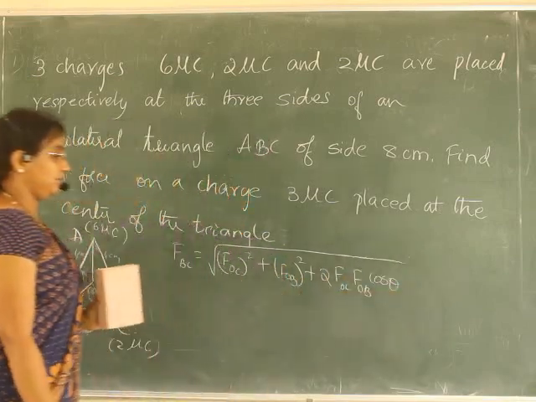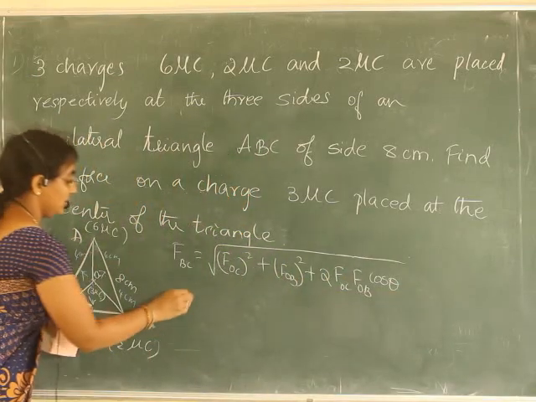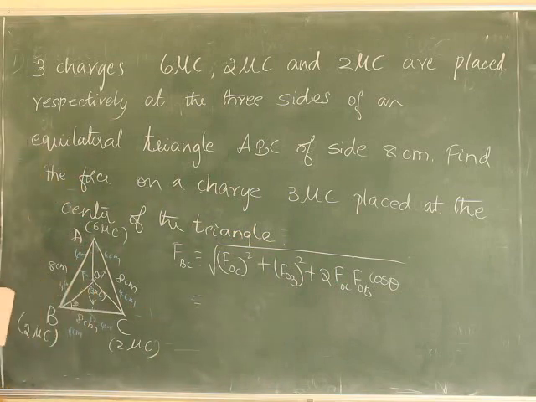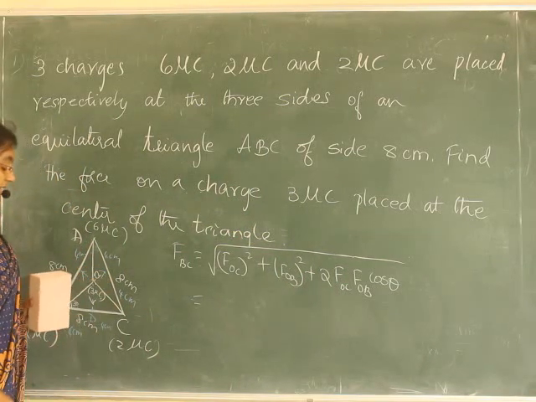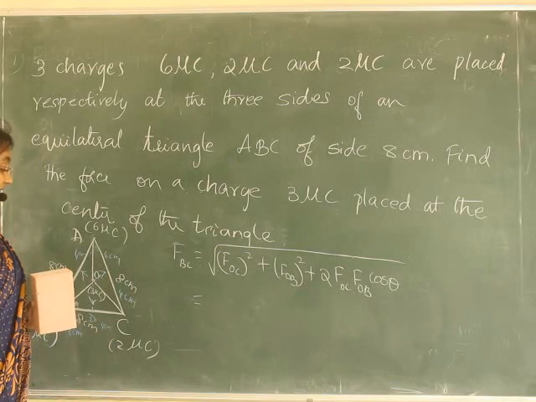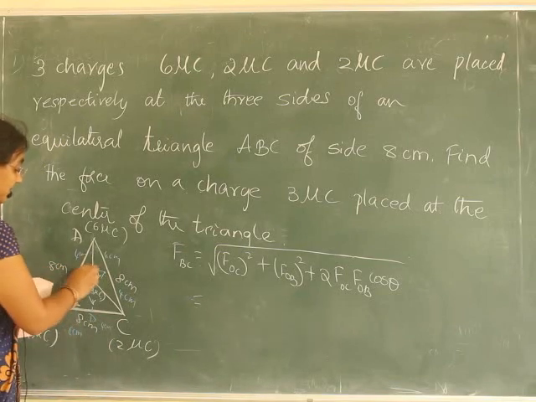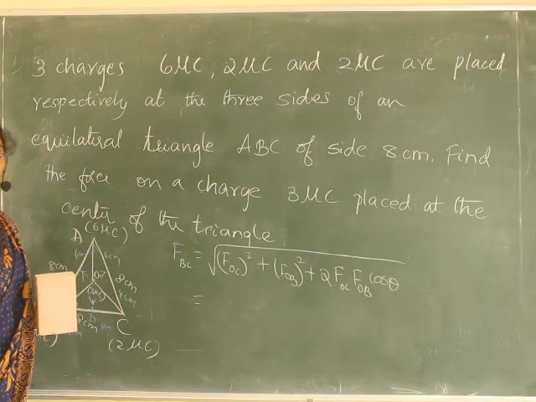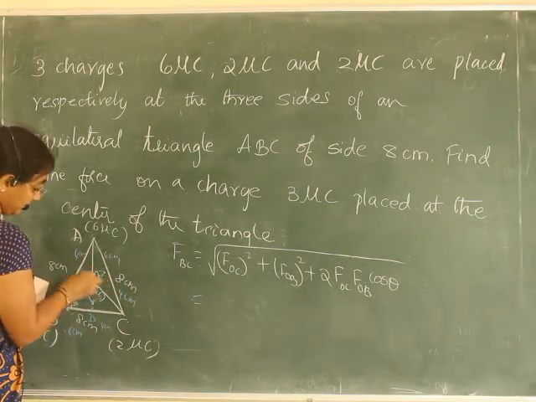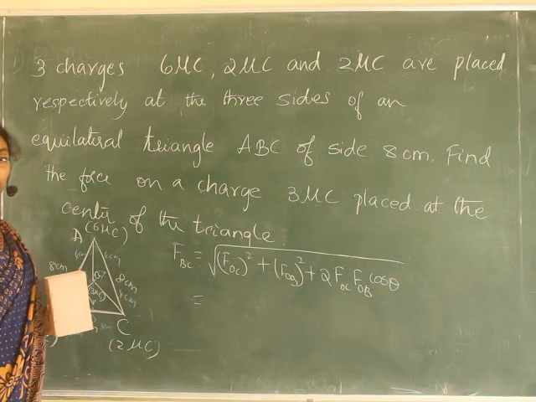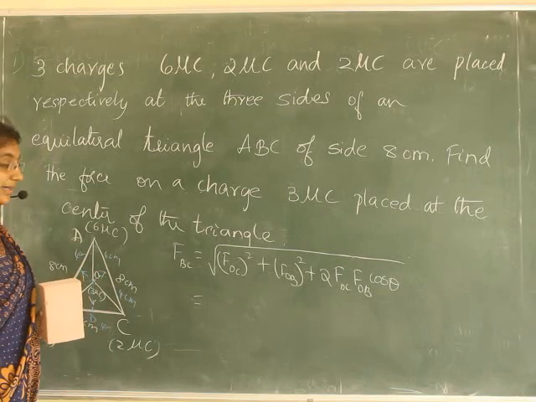This is the formula. Substitute the values and then calculate. What is the angle between FOC and FOB? This is an equilateral triangle. So the angle between these two should be, since it is passing from the center, 120.